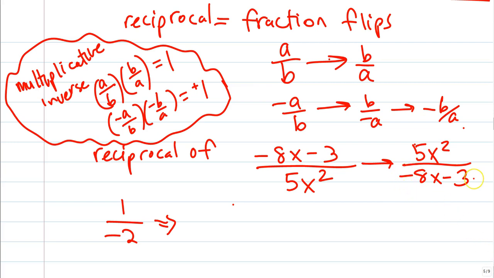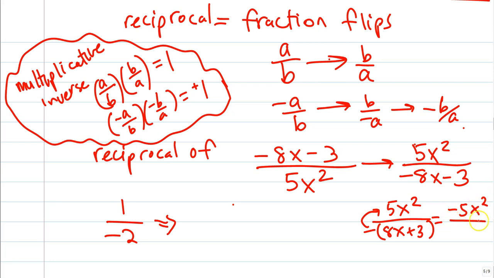So what we would do is factor out the negative on the bottom, making that 8x and that 3 positive, with the 5x squared on the top staying the same. Then we move that negative to the top to make it negative 5x squared over a positive 8x plus 3. Like I said, in the book they're more concerned about that. If I ask you for reciprocal, just flipping it is fine.